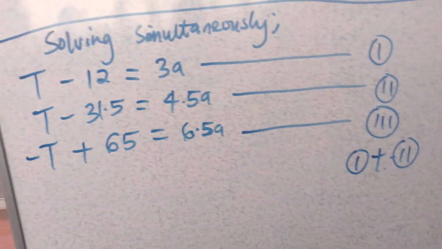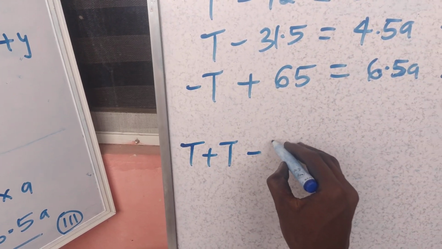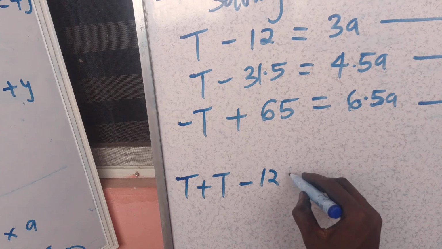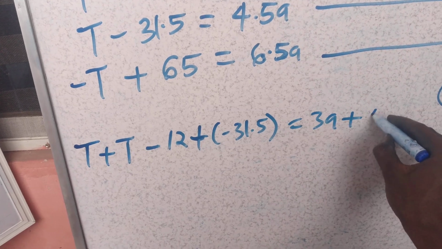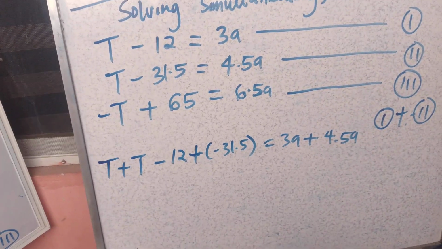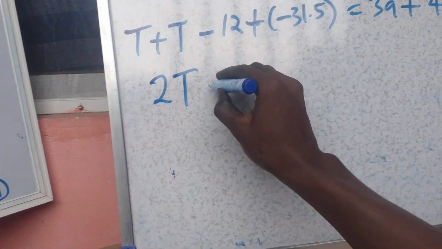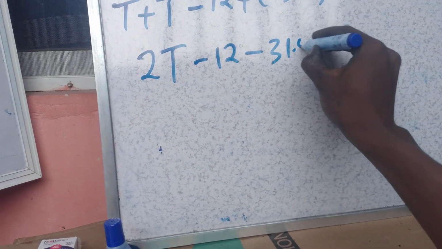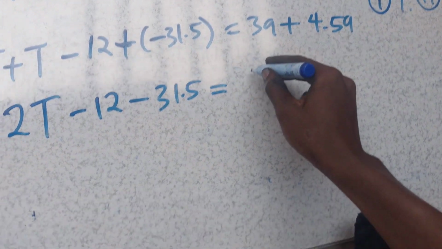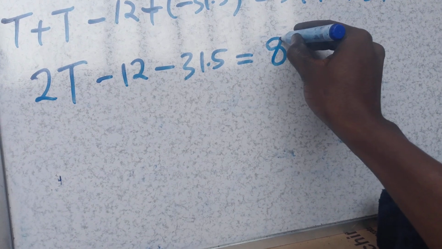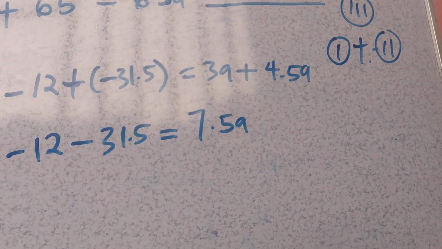Equation 1 plus 2. What will it give me? That's this plus this. That's T plus T, minus 12 plus minus 31.5 equals 3a plus 4.5a. Alright, so T plus T will give me 2T, and plus times minus is minus, so that is minus 12 minus 31.5 equals 3a plus 4.5a, which will give me 7.5a, because 3 plus 4.5 is 7.5.